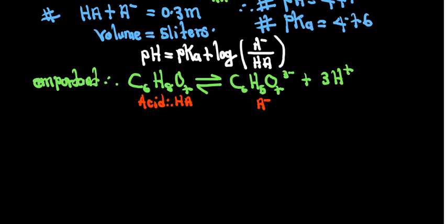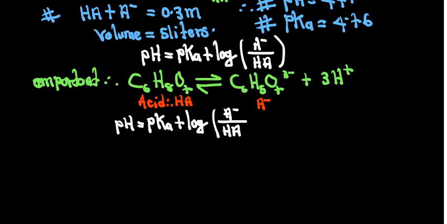I'm saying pH is equal to pKa plus the log of the conjugate base over the concentration of the acid. And then what's the pH that has been given in the question? We have been given a pH of 4.47.